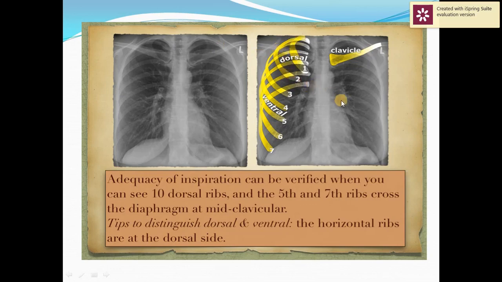So adequacy of inspiration is when you can see 10 dorsal ribs and the 5th to 7th rib crossing the diaphragm at the midclavicular line. As we see here, the anterior sixth rib is crossing the cupula of the diaphragm. This means that this is a full inspiratory film.